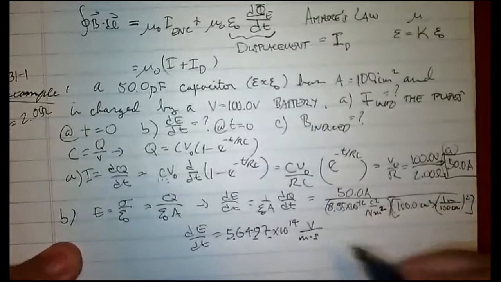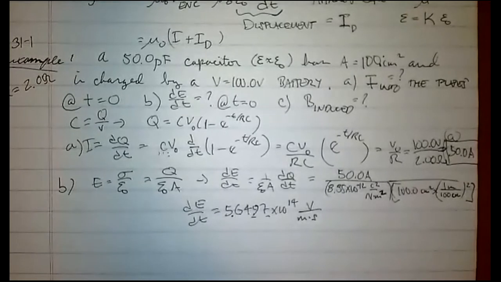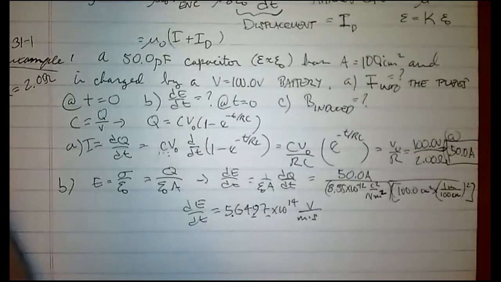I got the same number, but not the same exponent. Let me double check. If I get another confirmation of that, then I'll trust our work and we'll see what happened with his. So 8.85 times 10 to the negative 12th, multiply those two, divide 50 by it.